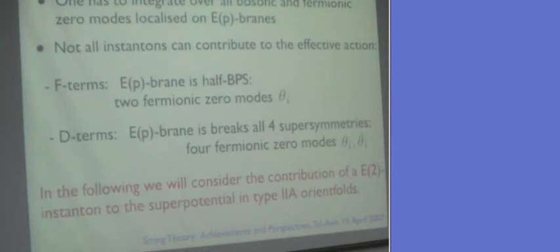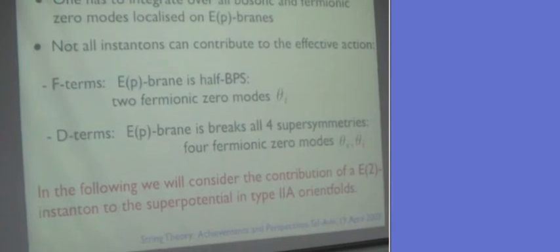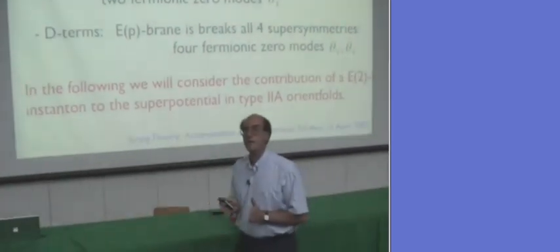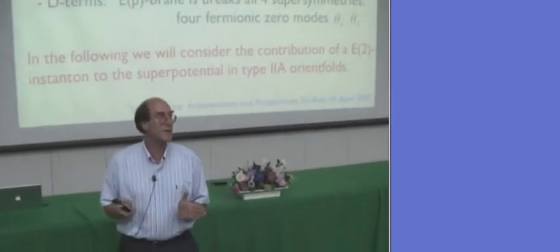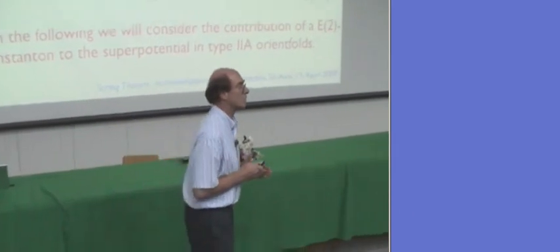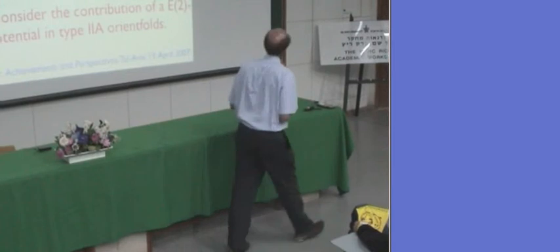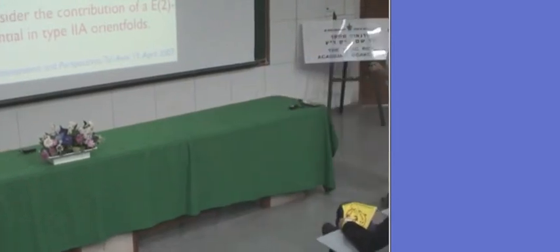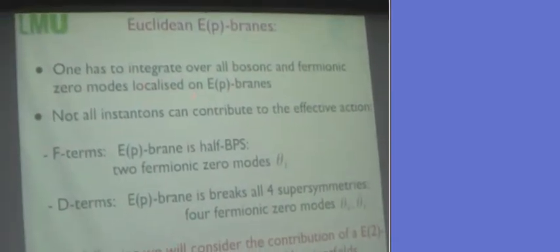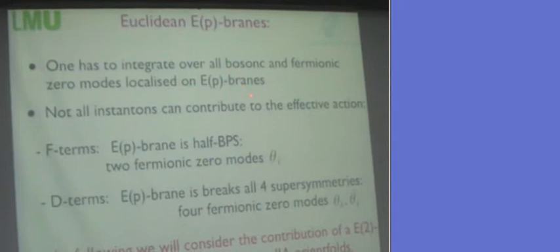You have to include them and see what their contribution to the effective action is. So they are there, and they are hence very important for the couplings and for the vacuum structure of the theory. So what one has to do, in more technical terms, is integrate over all bosonic and fermionic zero modes which are localized on these Euclidean branes.